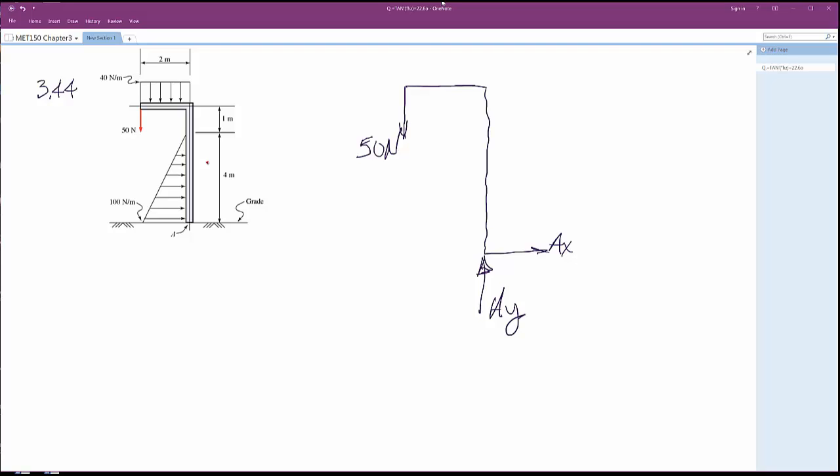Okay, over here we've got an evenly distributed load, so we can put that right square in the middle, and it's 2 meters and it's 40 newtons per meter. 40 times 2 would be 80, wouldn't it? So we're going to put a force right square in the middle, and it's 80 newtons.